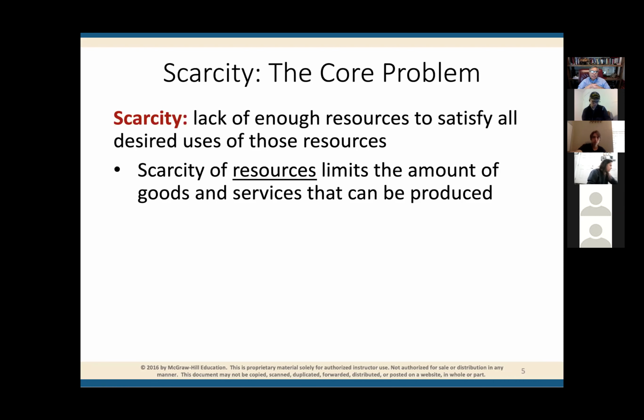Think about a nation like the United States, right? It has a lot of resources, but even then, choices have to be made. For example, if we use the steel that we have in the United States to make automobiles, then that steel is not going to be able to be used to make bridges.